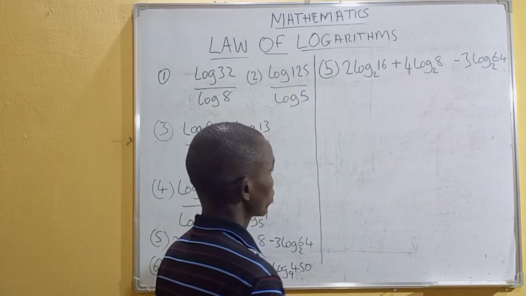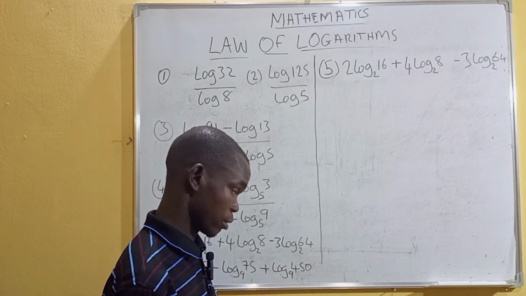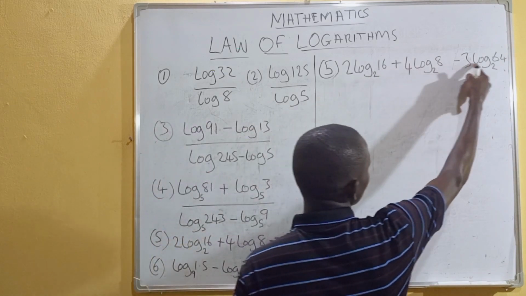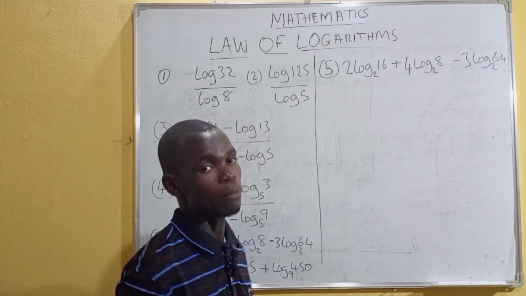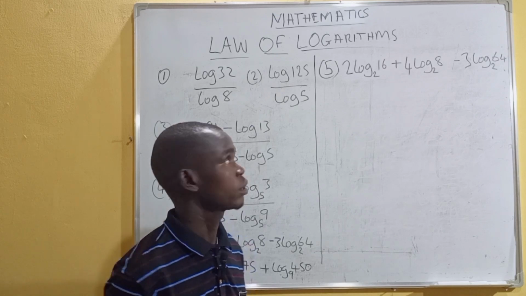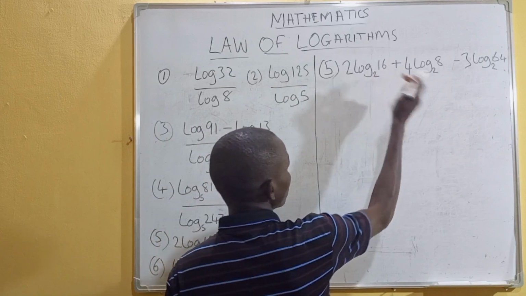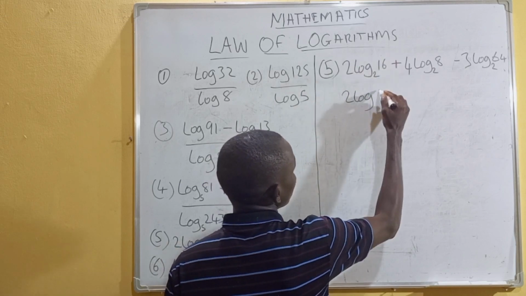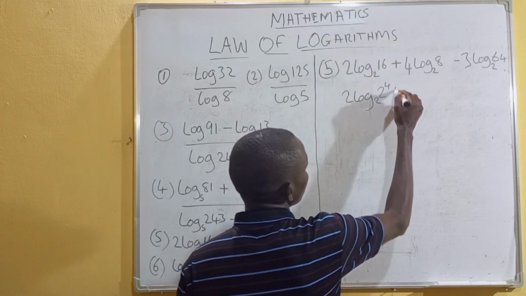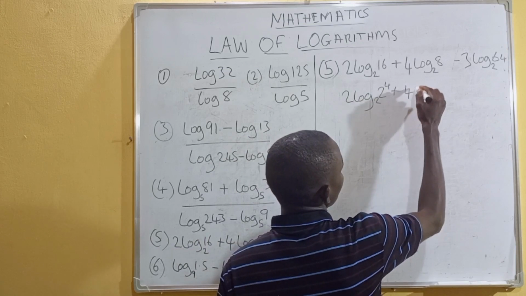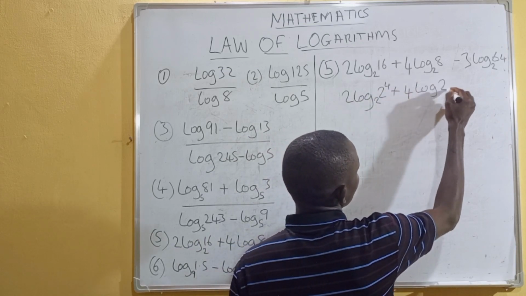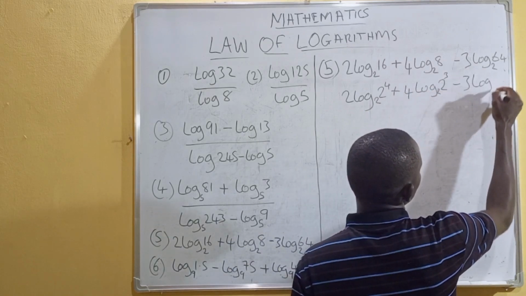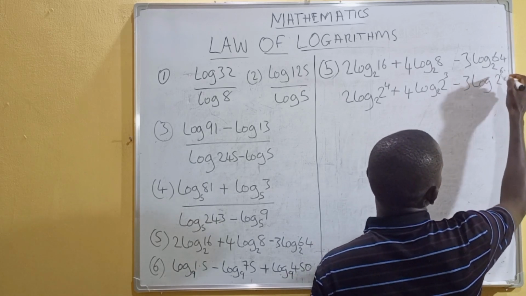So from this question, we can use both addition and subtraction law, or we can simplify this to have the same log number and use our basic addition and subtraction. So when you simplify, this will be 2 log 2 raised to power 4 with a base 2 plus 4 log 2 raised to power 3 with a base 2 minus 3 log 2 raised to power 6 with a base 2.